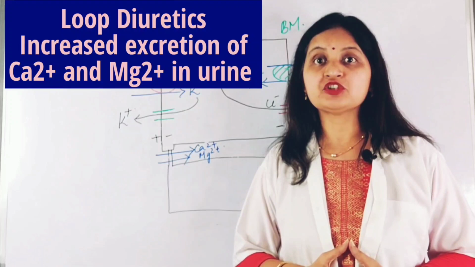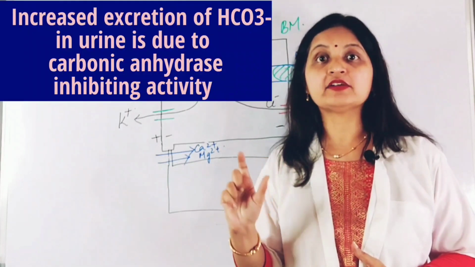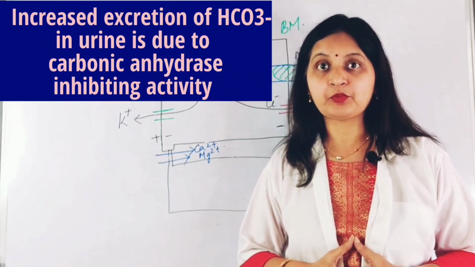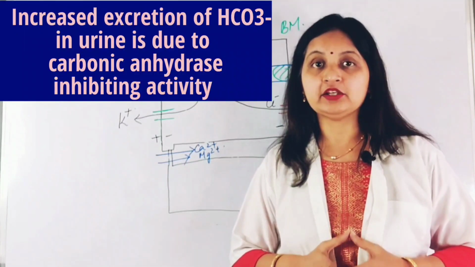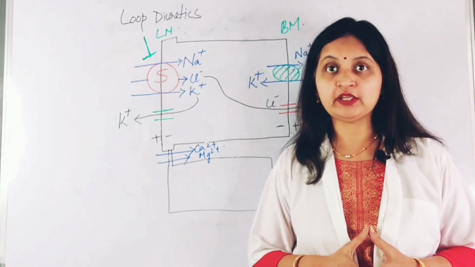Also, some of the diuretics which are derived from sulfonamides have a weak carbonic anhydrase activity, and because of this carbonic anhydrase inhibiting property, they cause increased excretion of bicarbonate in urine. So what happens to the potassium excretion in urine?